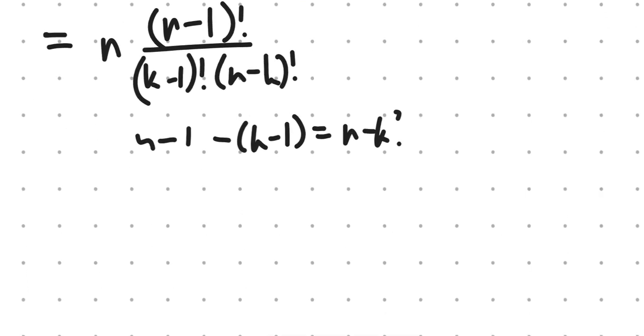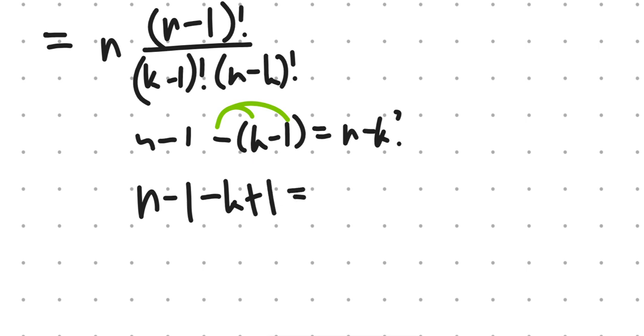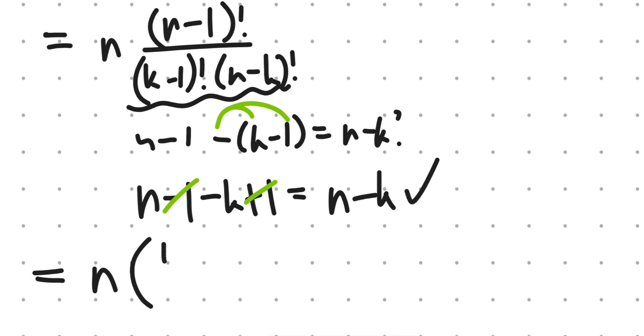Let's distribute the minus, which gives us n minus 1 minus k plus 1. The minus 1 and the plus 1 cancel and it gives us n minus k. Since we have verified it, this can be written as n times n minus 1 choose k minus 1, which is very, very cool.